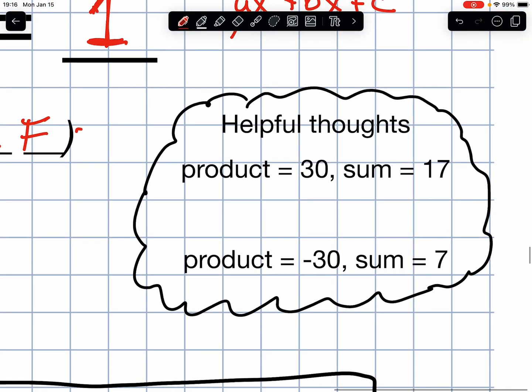Here's some helpful thoughts. Can you think of two numbers that multiply, that's what product means, to give you 30, but add to give you 17?